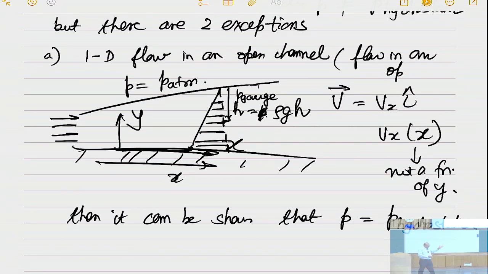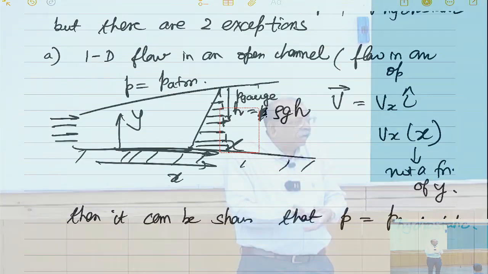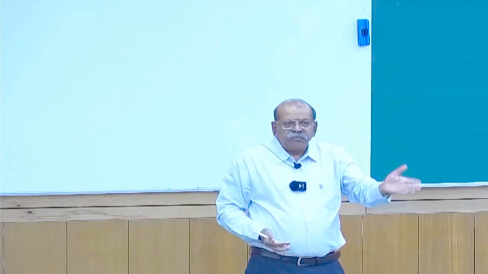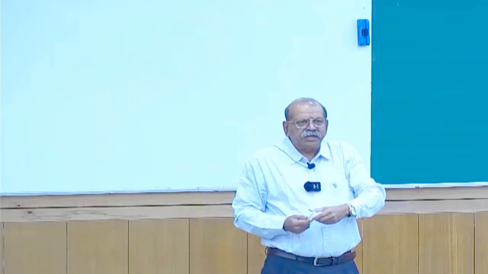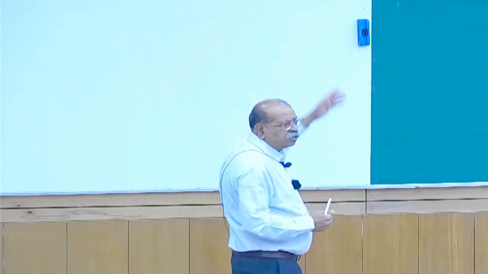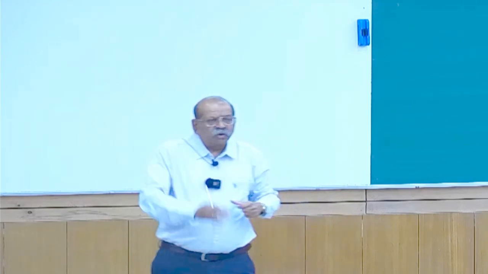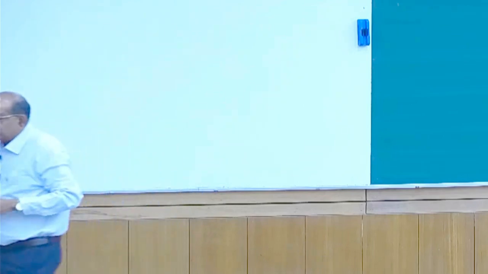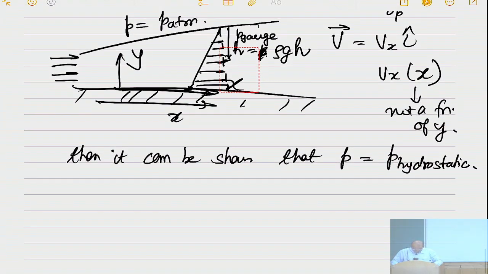So, in this case, even though we have moving fluid, the pressure distribution will be hydrostatic. And this we will show once we derive the differential equations. Right now I cannot show it, but we will be deriving the differential equations later in the course, and then we can easily show this. So here you can assume, in situations like this, a hydrostatic situation.